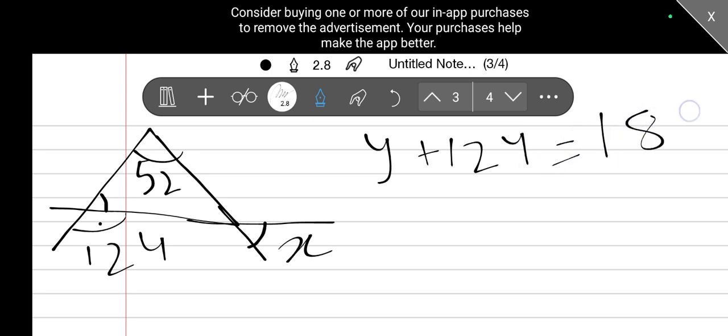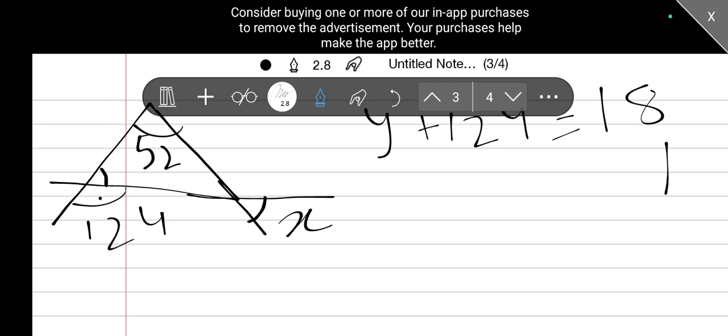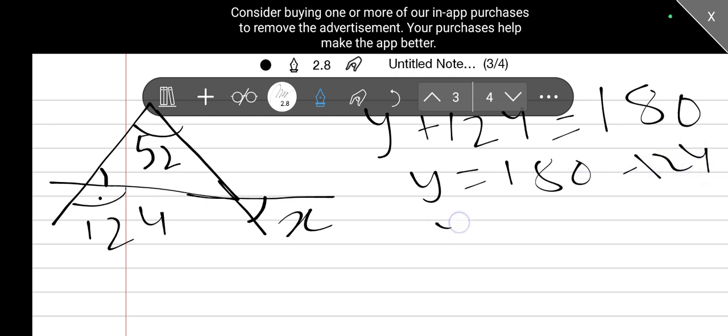That we have studied, right? That is a straight line. We have studied that adjacent angles on a straight line will always be equal to 180 degrees. So y is equal to 180 minus 124. So y is equal to 56.